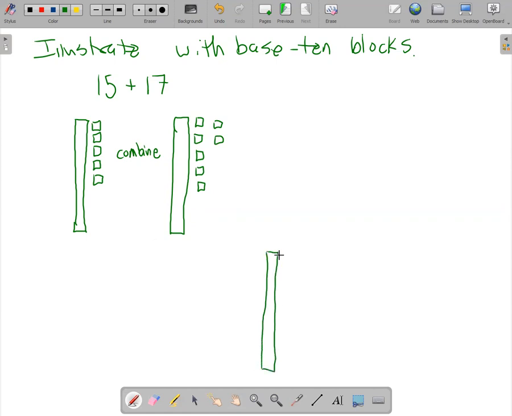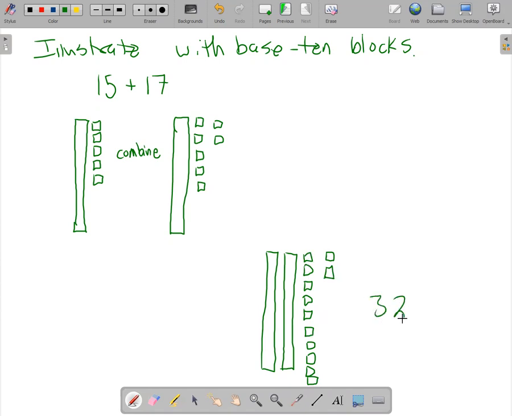And I clearly have got 2 10s there. And I got a whole bunch of 1s. 2, 3, 4, 5, and then 7. 1, 2, 3, 4, 5, 6, 7. So altogether I have 10, 20, 32.